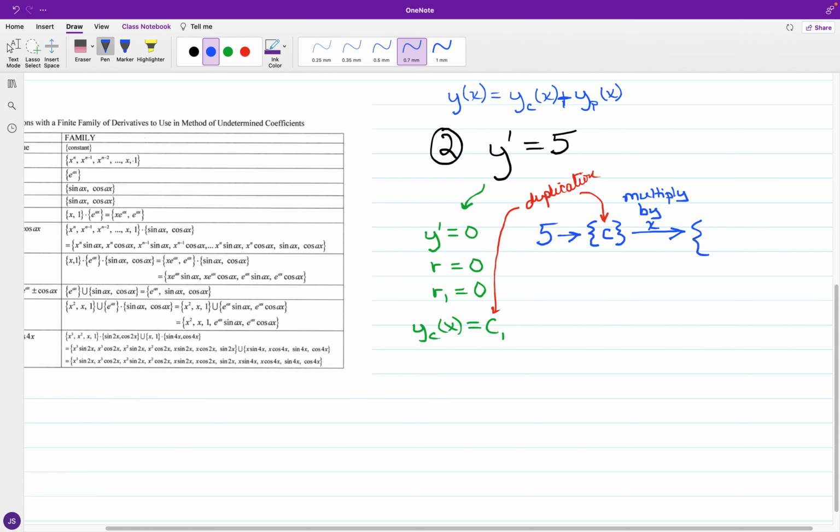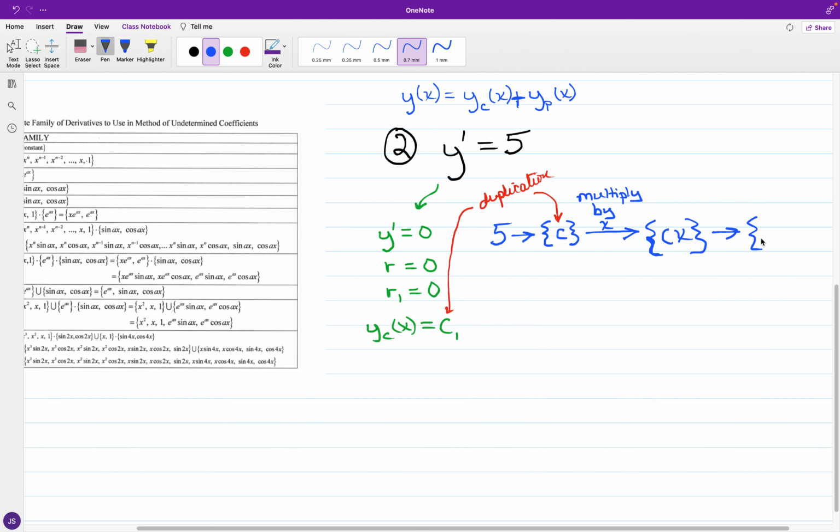So if we multiply by x, you have a constant times x, and putting in diminutive terms, this goes to x. And we have only one term inside this particular family, and so as a general particular solution setup, we have that y sub p of x is equal to a times x.